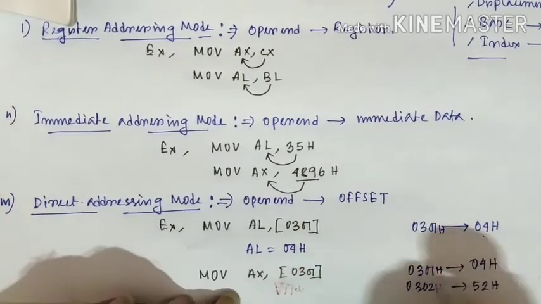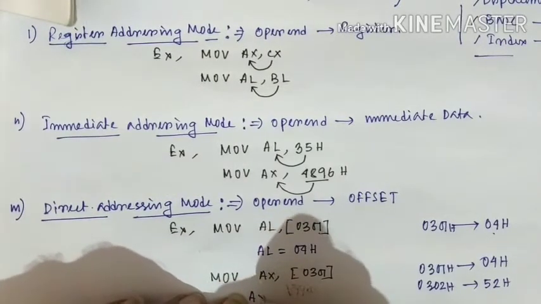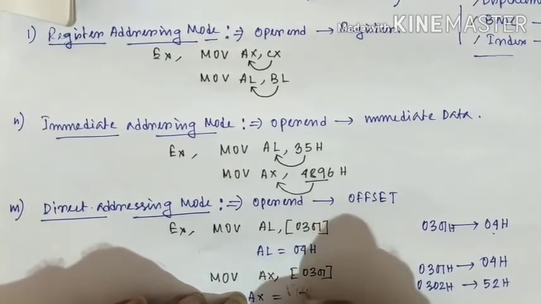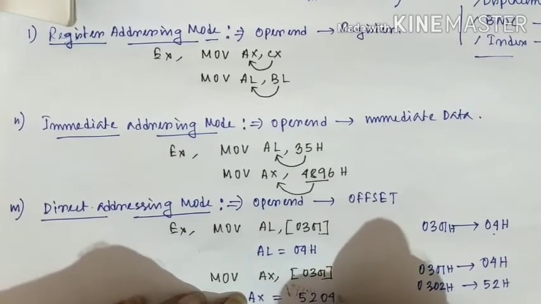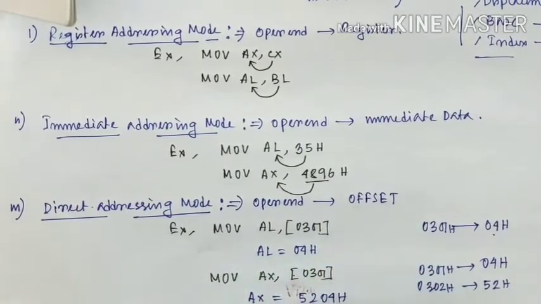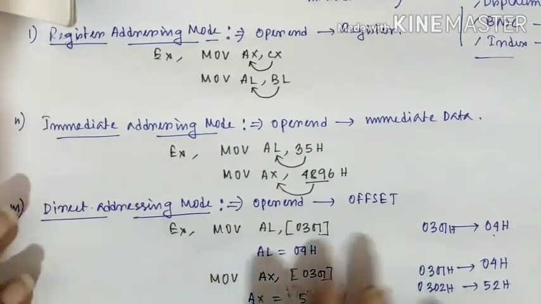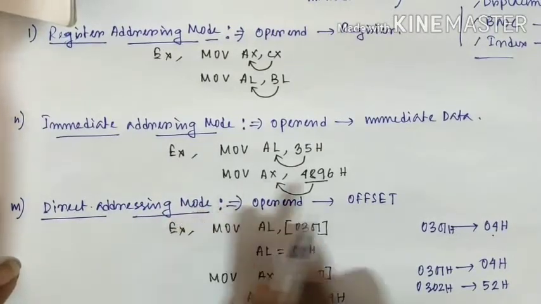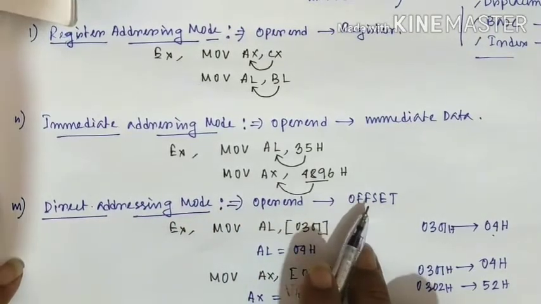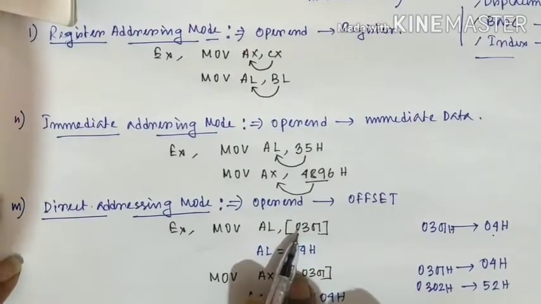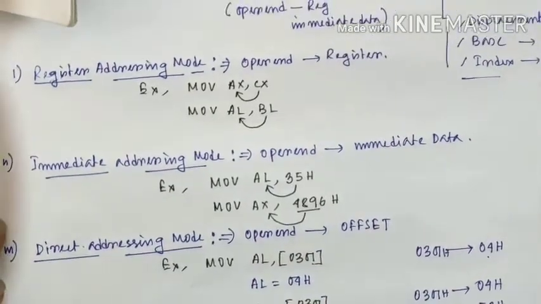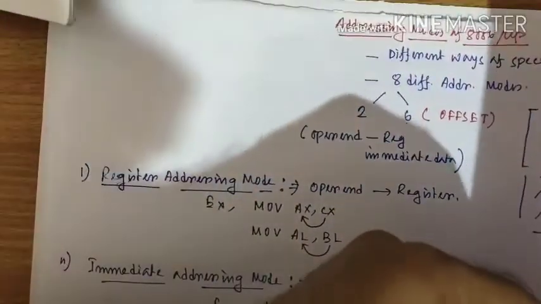So that means after execution, AX will look like this one, 5204 hex. So that will be the result. So this is called direct addressing mode. Here the value of the offset is directly given within the instruction itself. Number 3 is done.